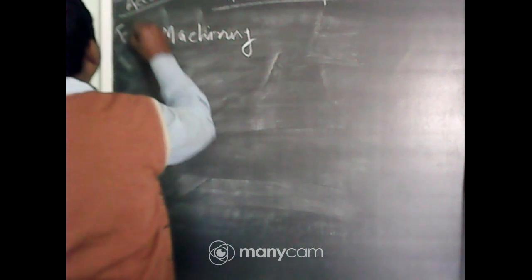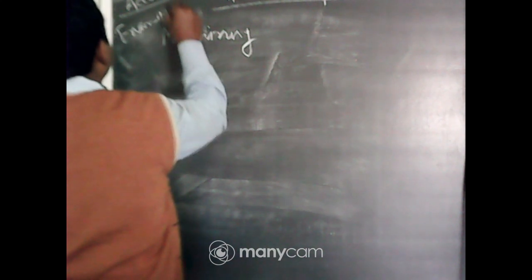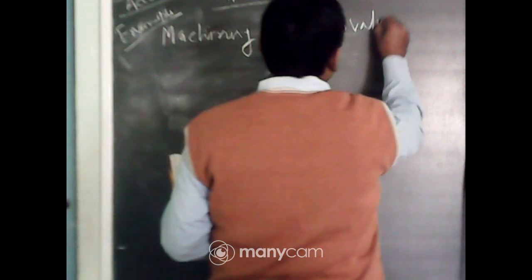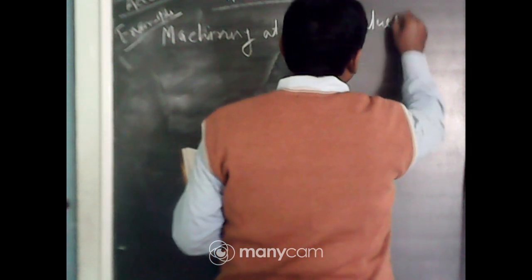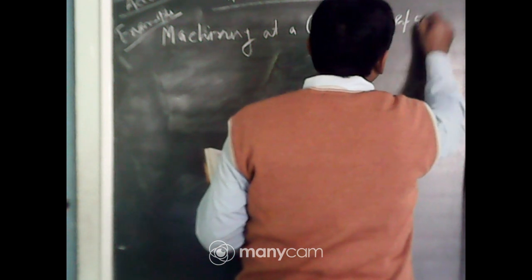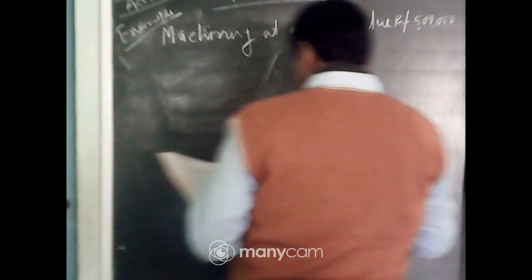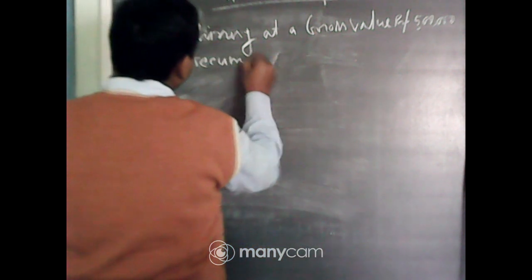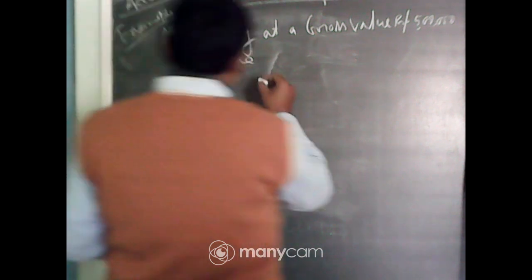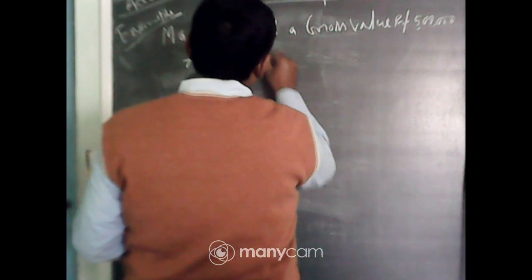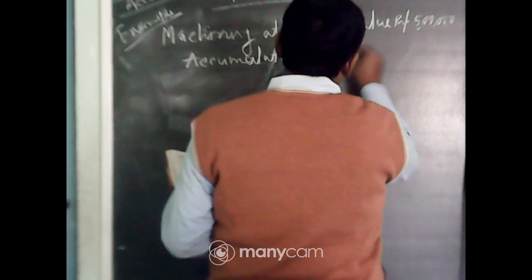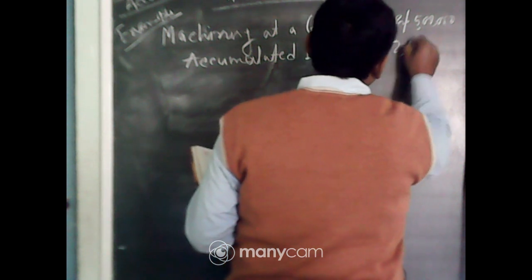I am just giving an example. Now accumulated depreciation, they also mention, writing in short, rupees 2 lakh.